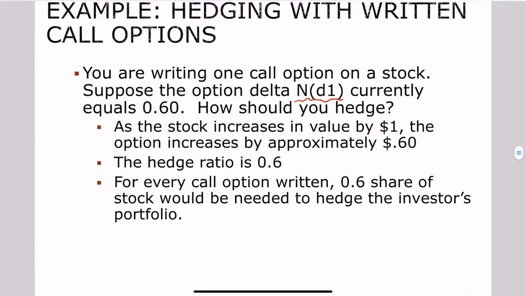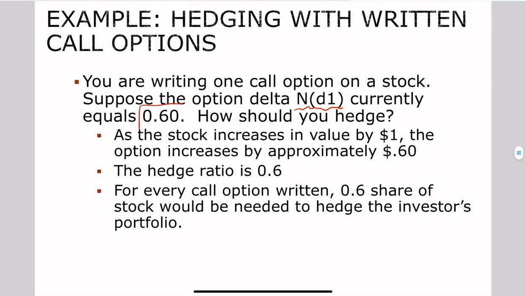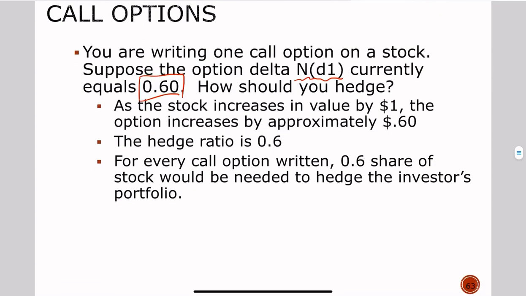Now let's see this option delta. So we know that the hedge ratio is 0.6. What does this exactly mean? It means if the stock price increases by $1, then the call option price should increase by 0.6, right?